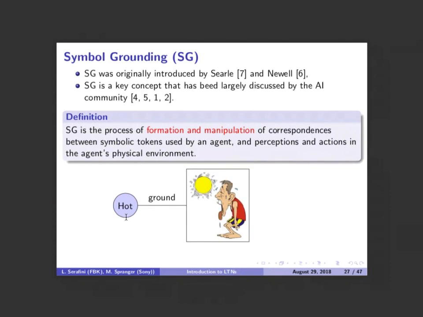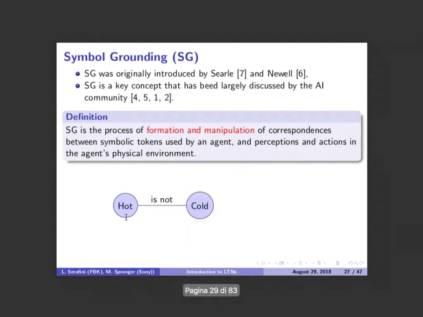And then, if it's hot, then that's also grounded in another real world situation as measured by the sensors that may be available to us. And then we can start saying, well, if it's hot, then it's not cold. So that's when we start to move up this hierarchy and start to represent such descriptions and to reason about those descriptions.